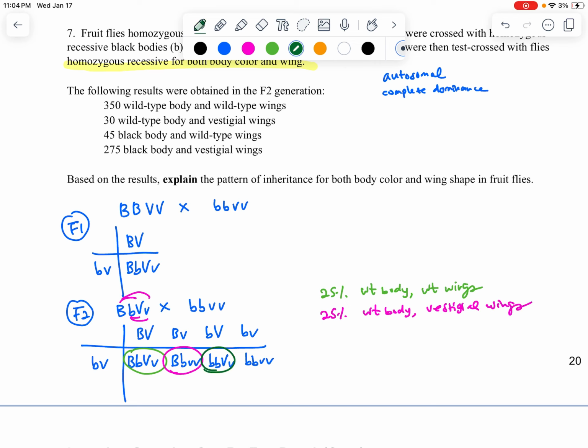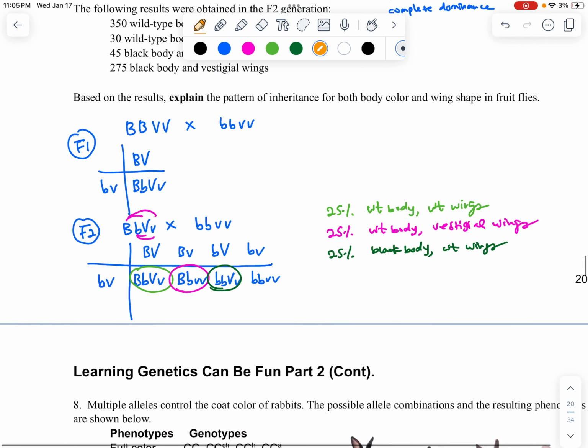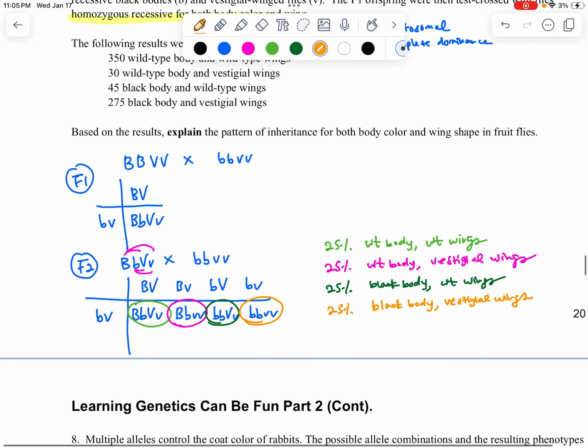We expect to see 25% chance black body with wild type wings. And finally, we expect to see another 25% chance black body vestigial wings. So that's what we expect to see from this Punnett square, right?